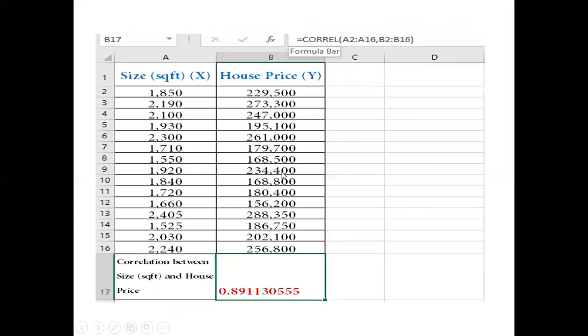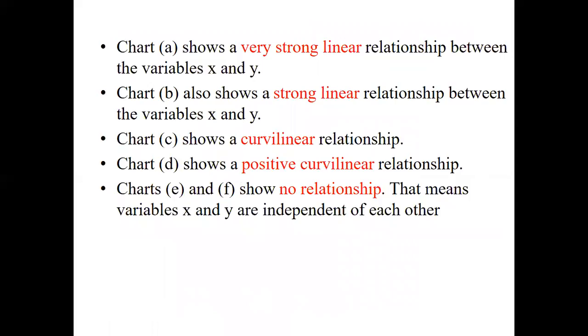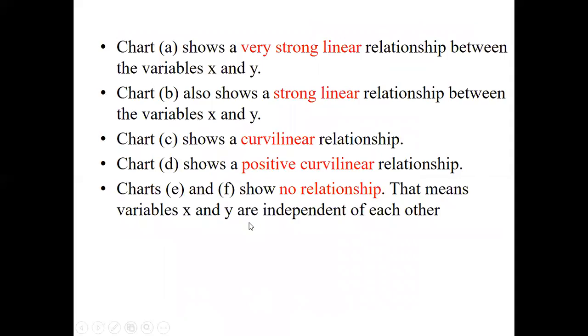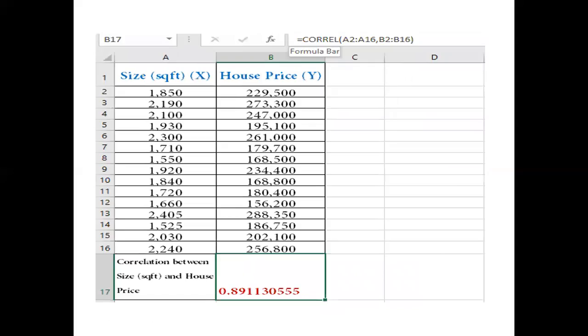Now next we will find the correlation. You can calculate the correlation using this formula, or directly in Microsoft Excel, or on a calculator. I have calculated the correlation in Microsoft Excel. I'll show you how.